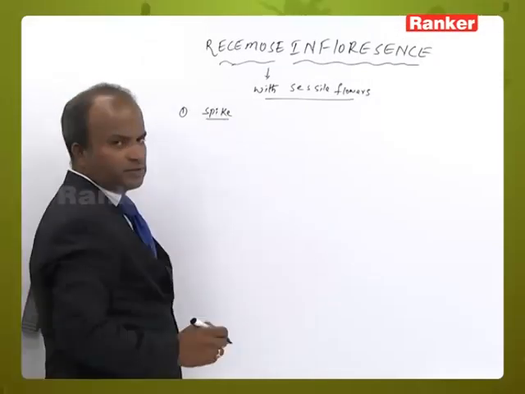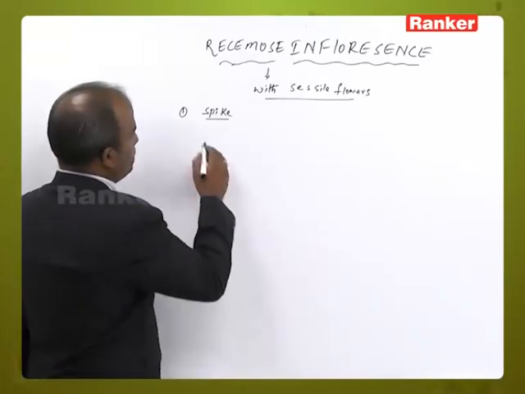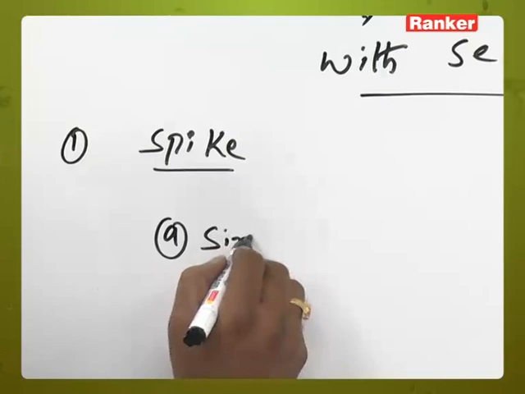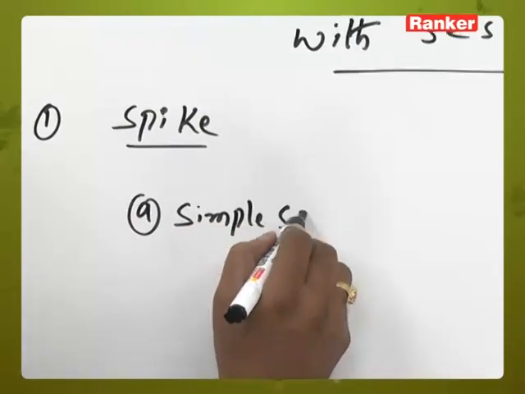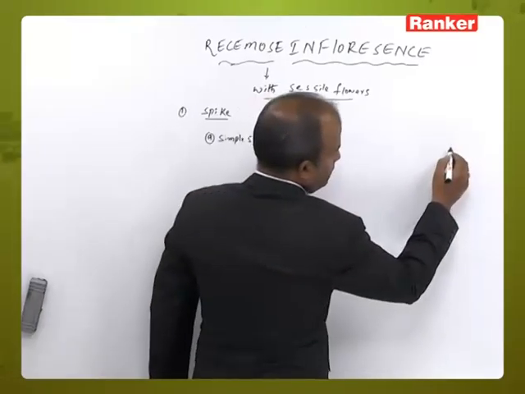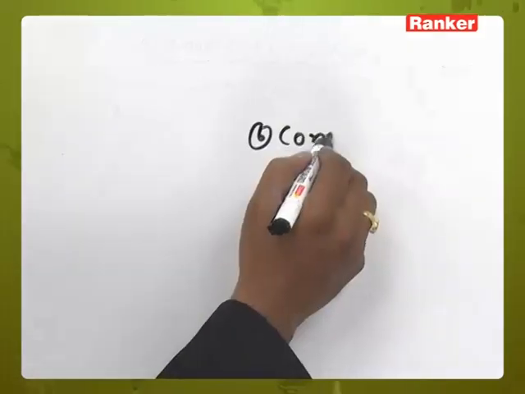This spike is also of two types. One is a simple spike, and the second one is a compound spike.